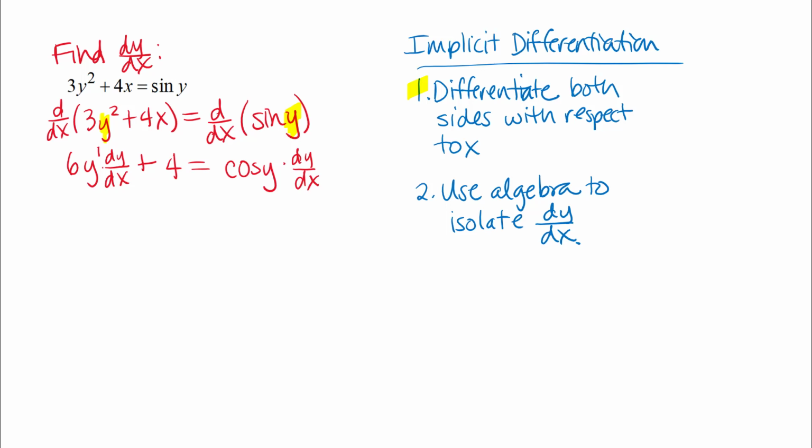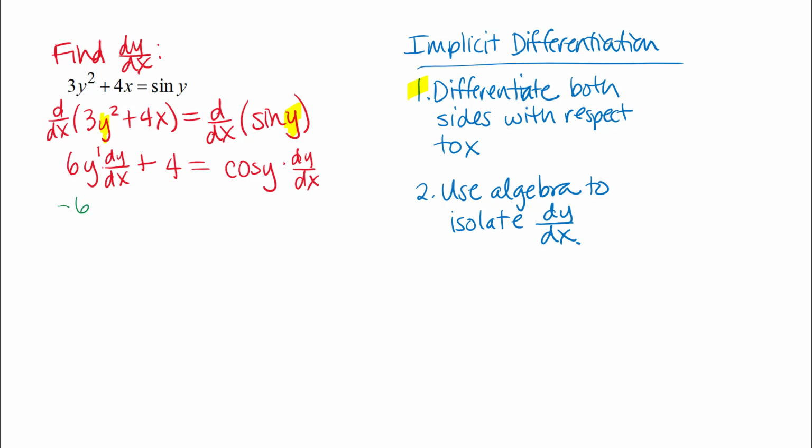Okay, so I've differentiated both sides of the equation with respect to x, and now I want to use algebra to isolate dy dx. So I want to use addition or subtraction to get all the terms that involve dy dx on one side of the equation, and then the other terms that don't involve dy dx on the other side.